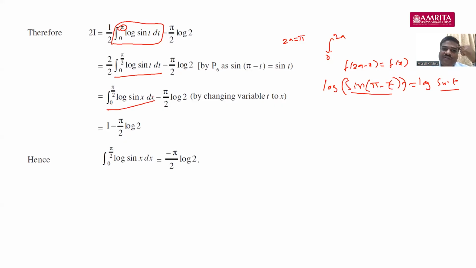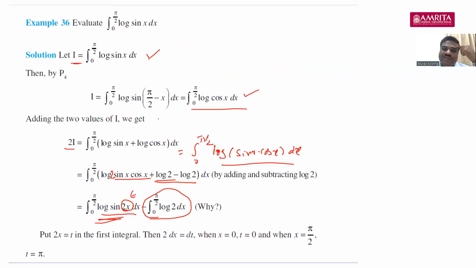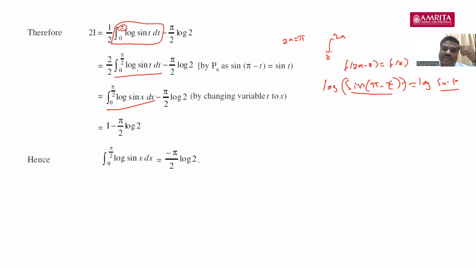Please notice, our original problem is this one, 0 to pi by 2 logarithm of sin x dx. Again, that expression came here, logarithm of sin t dt. That can be converted in terms of x, and that is nothing but our I. Say 2I is equal to I minus this constant number, pi by 2 log 2. So take this to the left side, 2I minus I. So I is equal to minus pi by 2 times log 2.